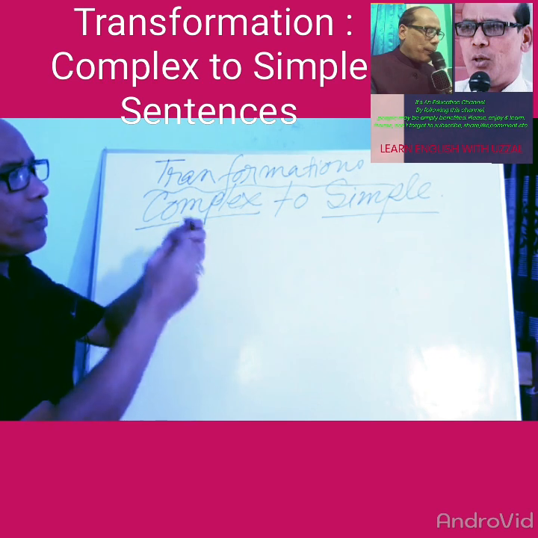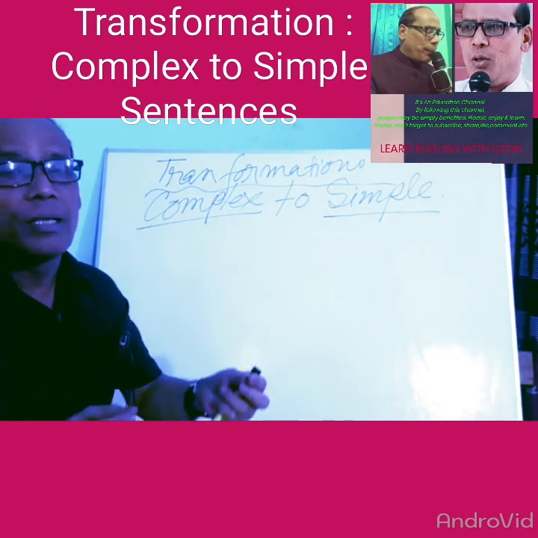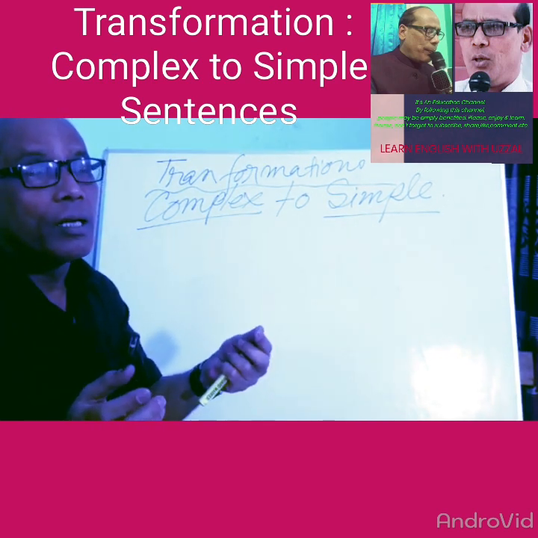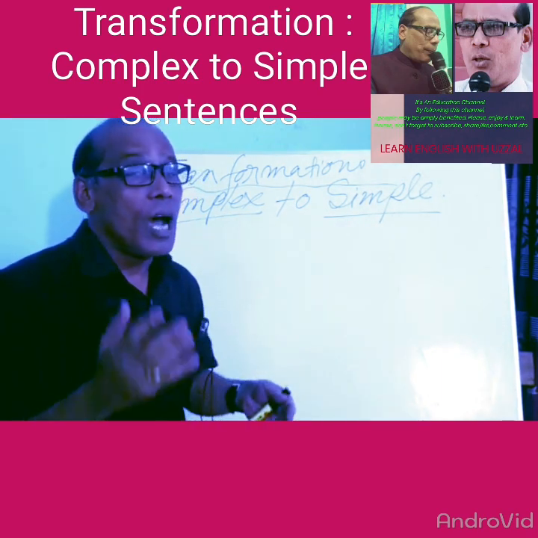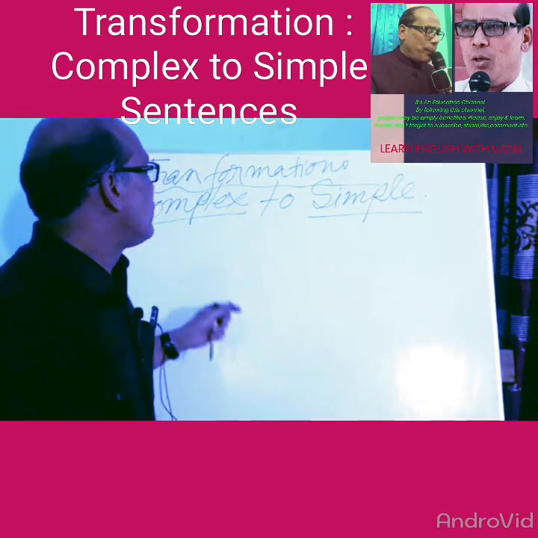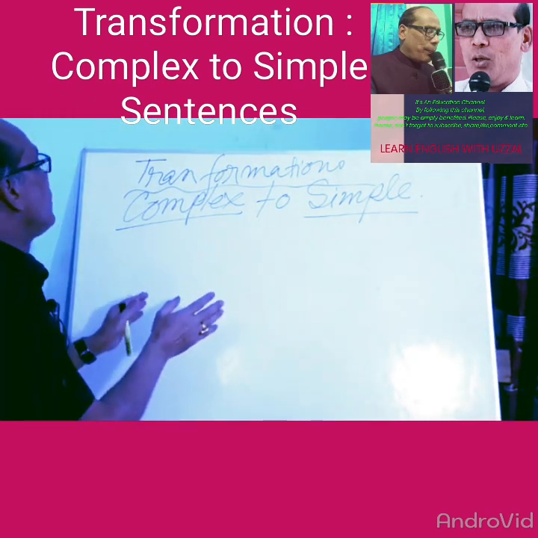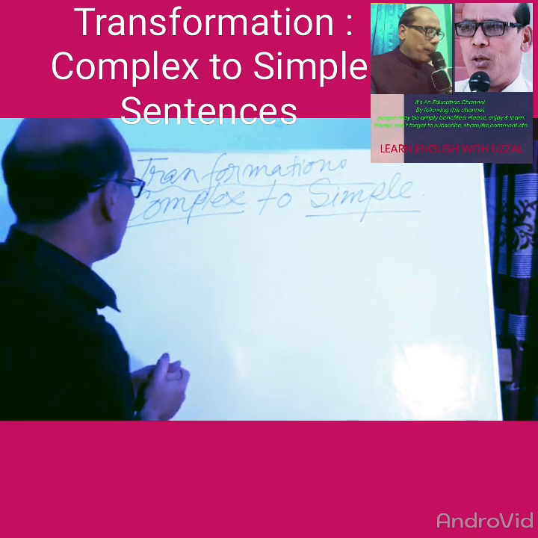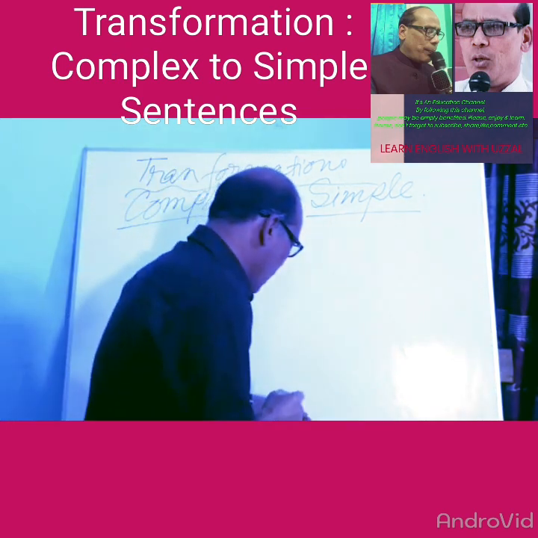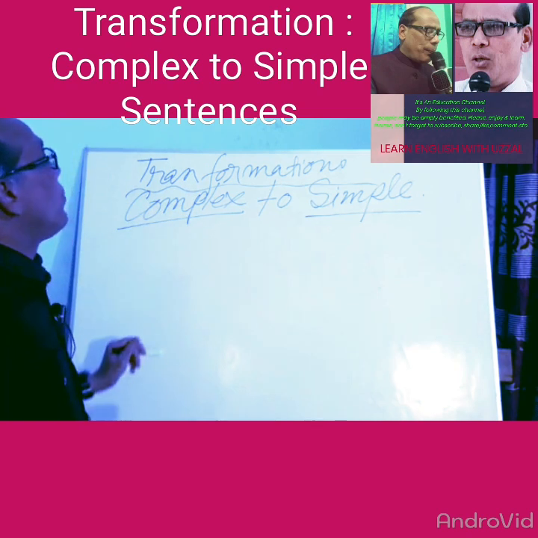If I want to make a chair, it has its own shape, its own size, its own art. In the same way, we will have to do something to the complex sentence so that it may become a simple sentence. Okay, I'll discuss it number-wise, complex to simple.